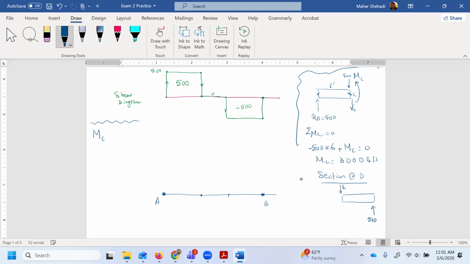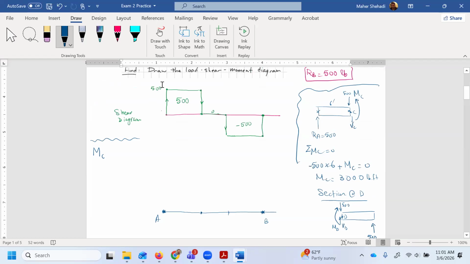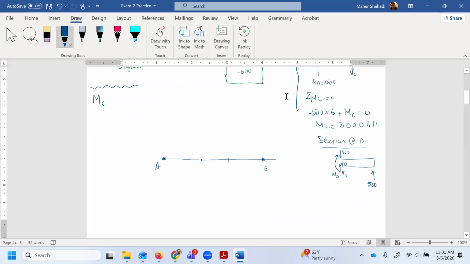And then I have here 500, MD. And I have also the shear. Again, we already found the shear graphically, so I don't need those values. I'm only interested in finding MD. So again, take the moment about point D. So it would have 500 times 6, and then this one is going in the minus. So minus MD equals 0. Therefore, MD is 3,000 foot-pound.